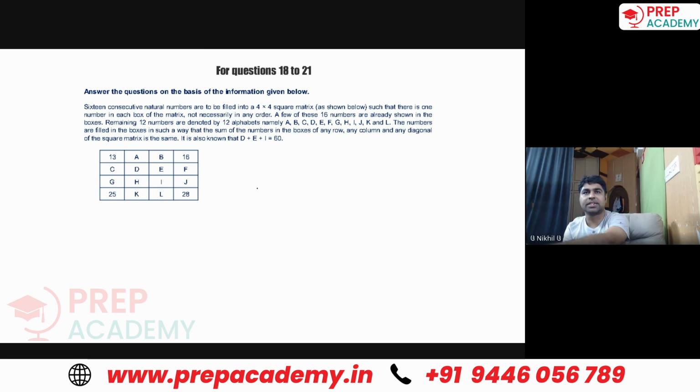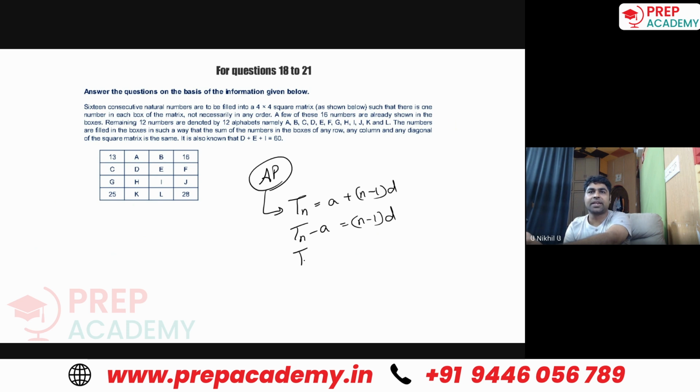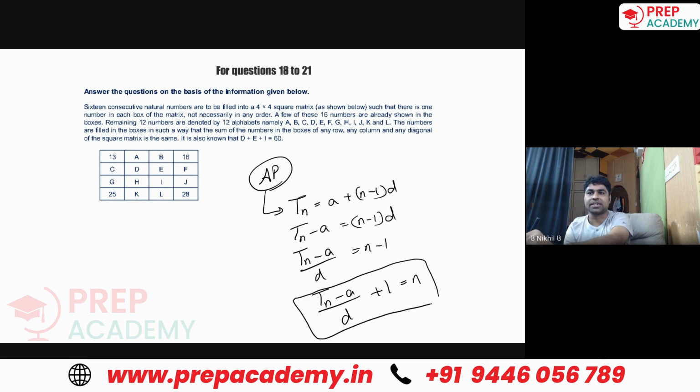This is a concept of arithmetic progression where the nth term is a plus n minus 1 into d. So Tn minus a is equal to n minus 1 into d, Tn minus a upon d is equal to n minus 1, and Tn minus a upon d plus 1 is equal to n. This is the formula I was just stating.